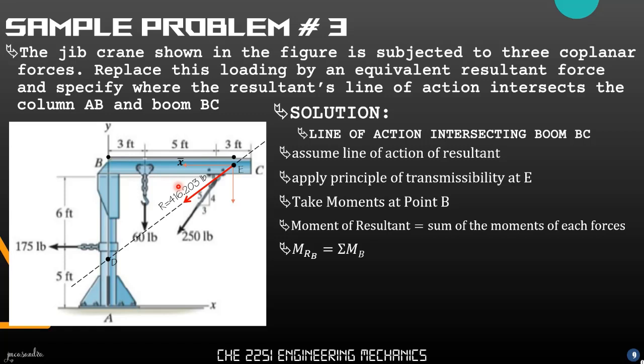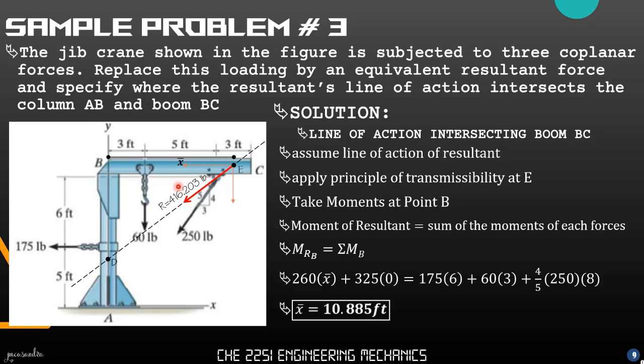So substituting all values, we will arrive at the equation 260 times bar x plus 325 times 0 equal to 175 times 6 plus 60 times 3 plus 4 over 5 times 250 times 8, at which bar x now is equivalent to 10.885 feet, meaning our line of action intersects boom C at 10.885 feet to the right of point B.